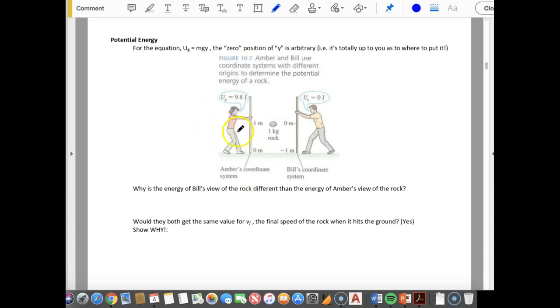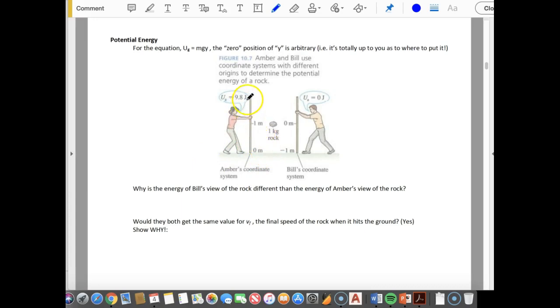In the picture, we have Bill and we have Amber, and they've chosen a different system for their coordinates. Bill has put the rock right at 0 meters, and Amber has put 0 meters on the ground.